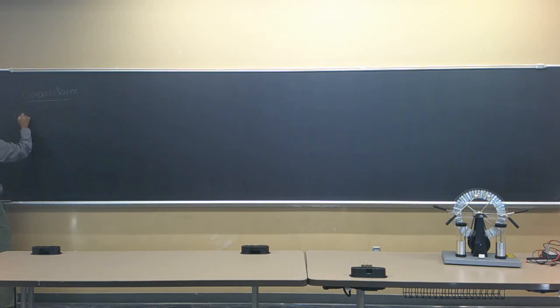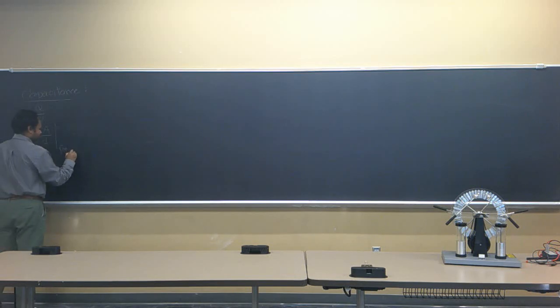C is equal to Q over V. And in the case of a parallel plate capacitor, we can write capacitance as epsilon A over D for a parallel plate capacitor.